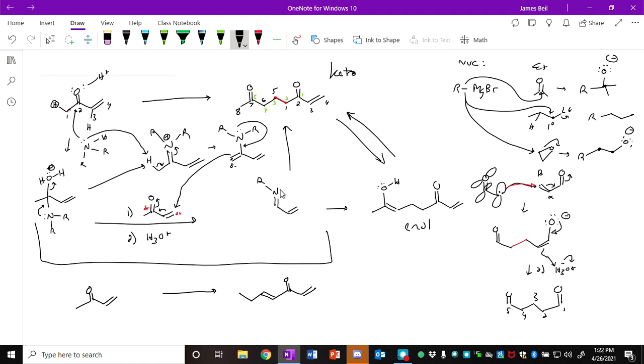So now we've reformed this, which is not too unstable to have a nitrogen with a positive. This carbon here is going to be attacking that one. So it's going to be connecting there, pushing electrons over here and up onto the oxygen.